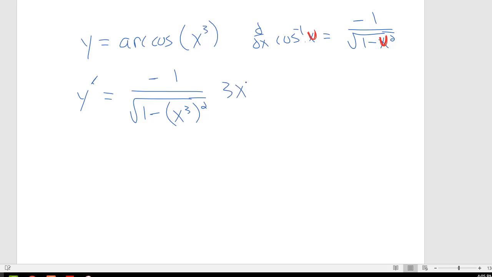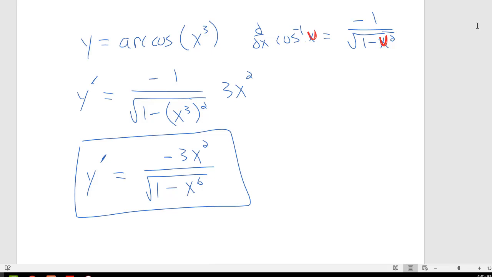So the derivative of the inside is 3x squared. So when I simplify this, the 3x squared goes up into the numerator, and then in the denominator, I'm going to go ahead and square x cubed, and that gives me x to the 6th. There's y prime for that example.